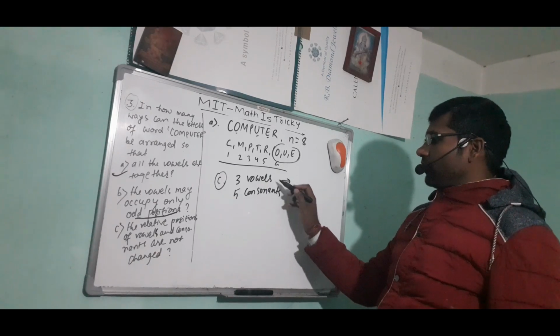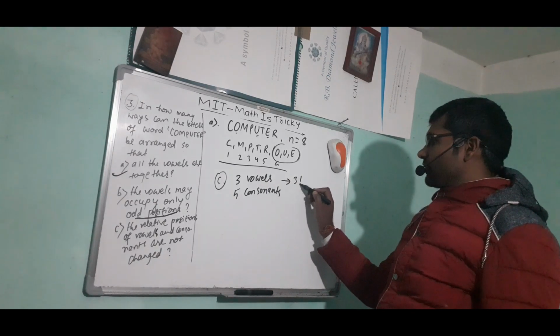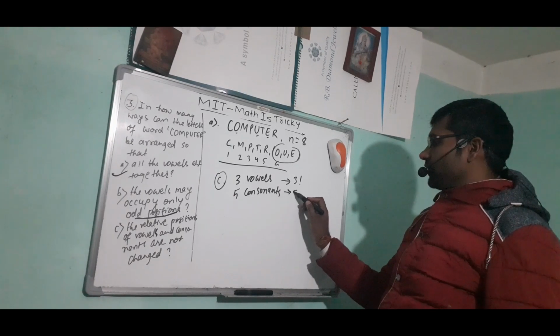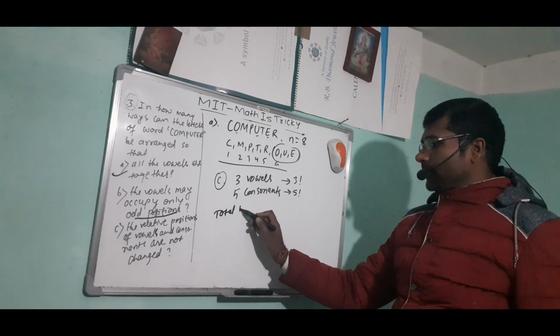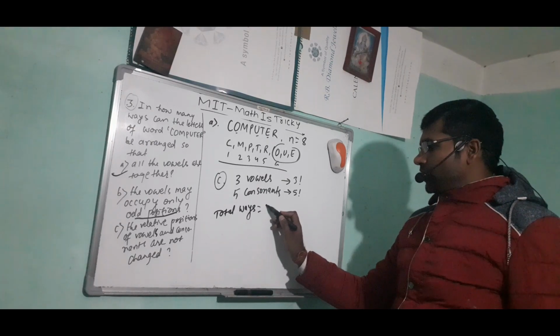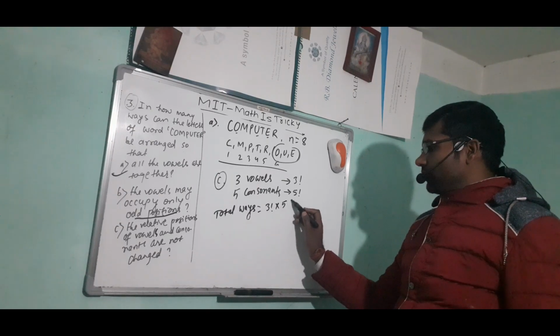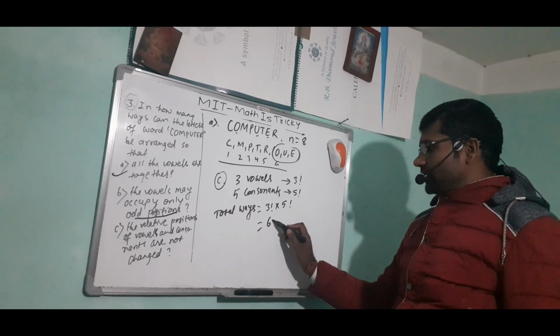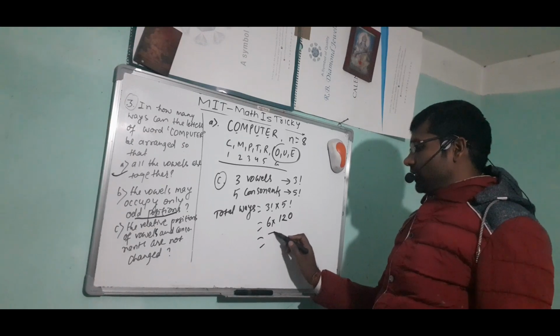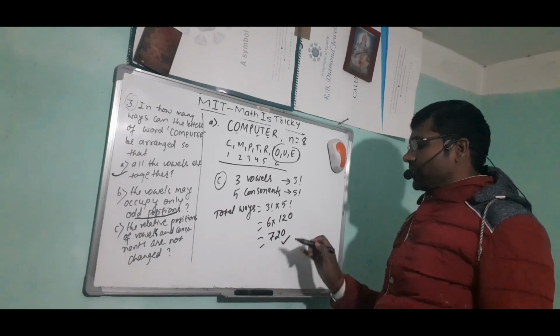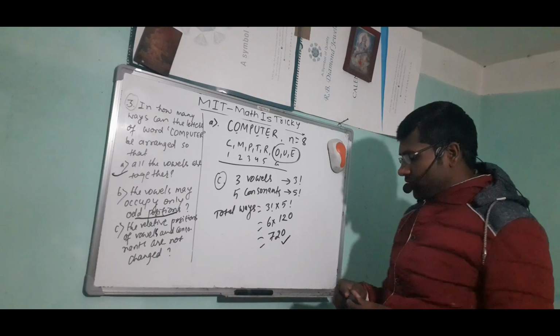These 3 vowels can be arranged in 3 factorial ways and the 5 consonants in 5 factorial ways. So the total ways will be simply 3 factorial into 5 factorial. 3 factorial is 6, 5 factorial is 120, and the answer will be 720. Hope you understood this.